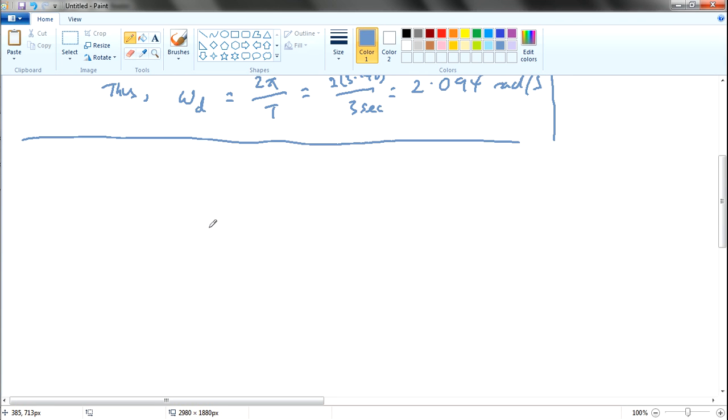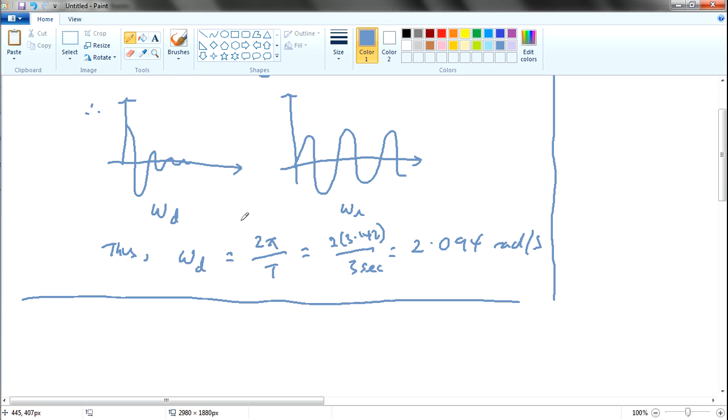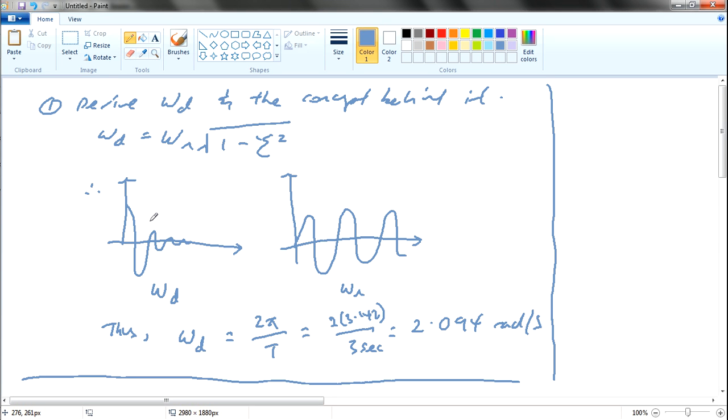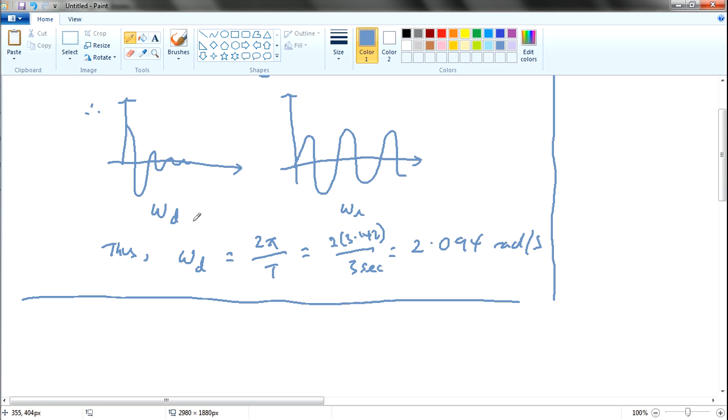The next step is to find the rest of the unknowns. The first thing we need to find is the damping factor, the damping ratio, which is this one.